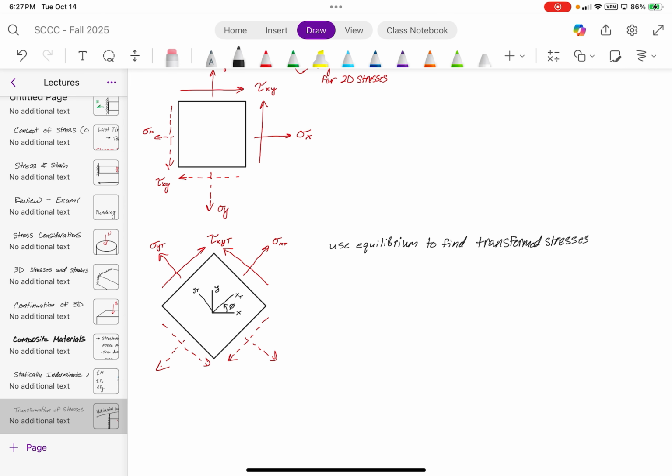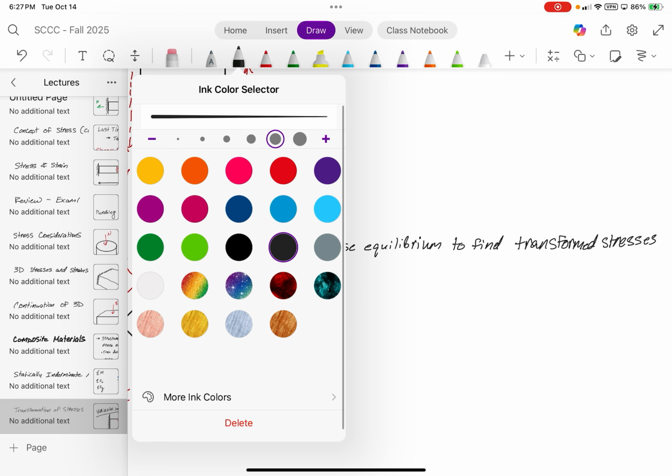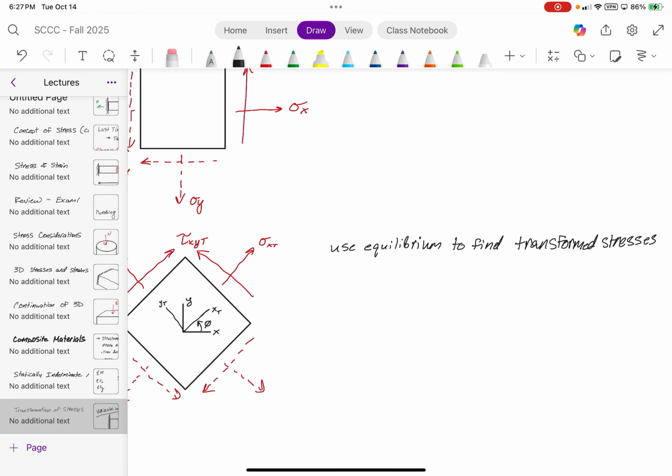Now, I'm not going to do equilibrium for this because the entire process is horrendous, but we will get the following equations. These equations are kind of long, and I recommend you guys putting them on your flashcards.